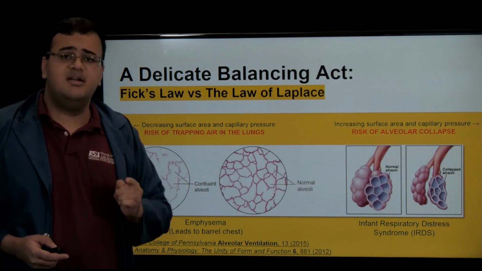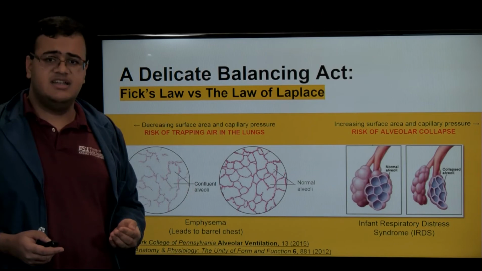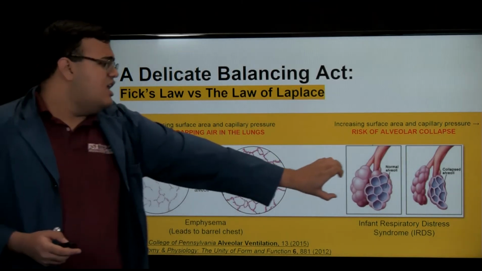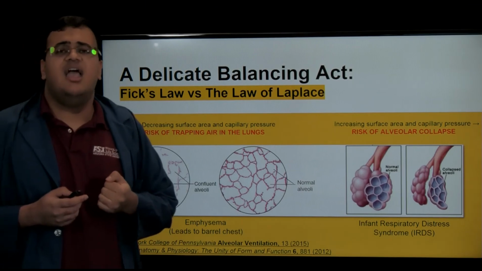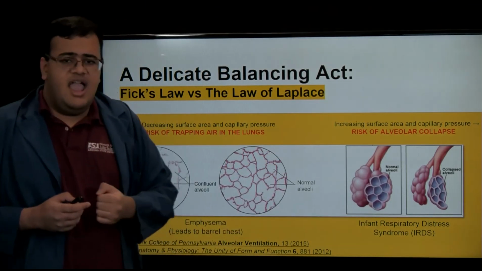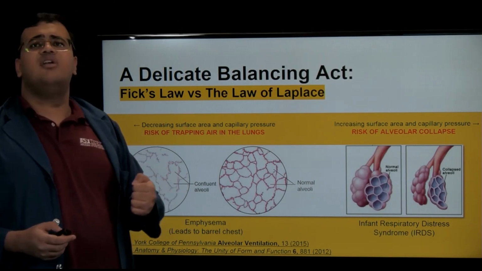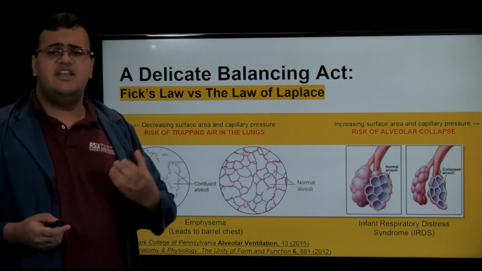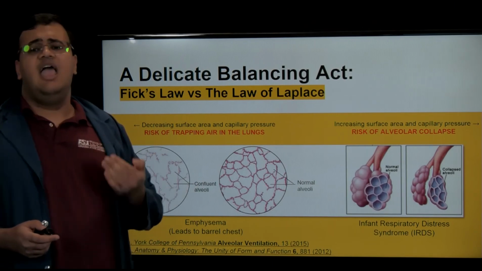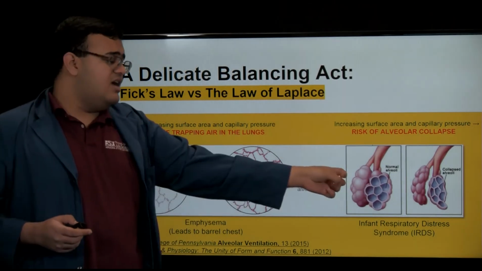But in premature births, sometimes infants don't make sufficient pulmonary surfactant, and you can imagine air rushing out of here if a balloon were to be squished flat, like these alveoli here, and you were to try and breathe in, try and inflate a balloon from a completely flat and deflated state. It's very difficult.